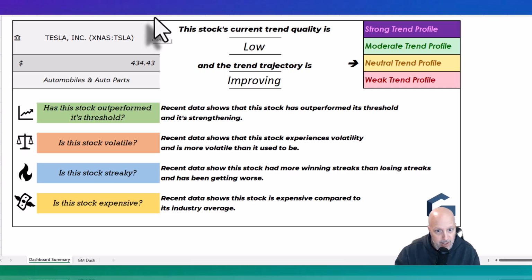So I am constantly tweaking and adjusting and hopefully improving this dashboard that I'm presenting here on YouTube. Right now, I think just within the last video, I've added a dashboard summary. This is a simplified overview of what the more detailed geometric dashboard is saying on the next tab down here.